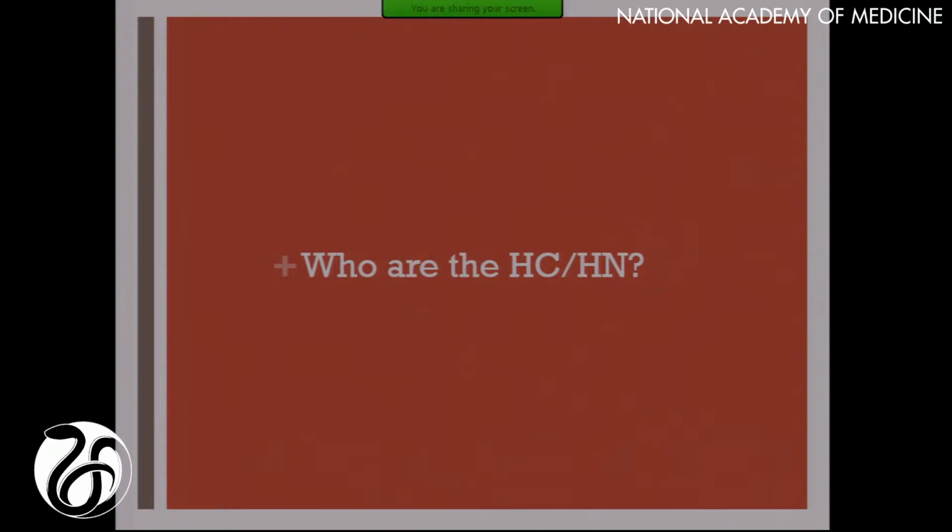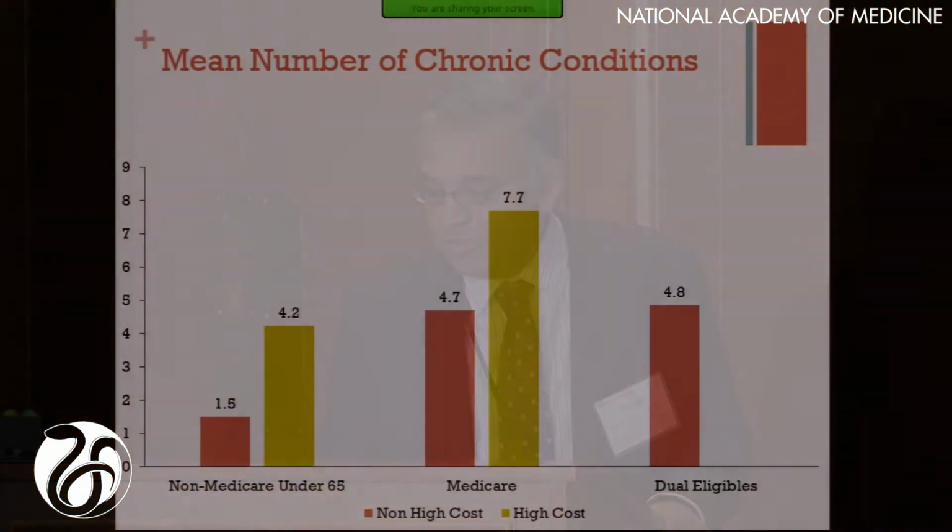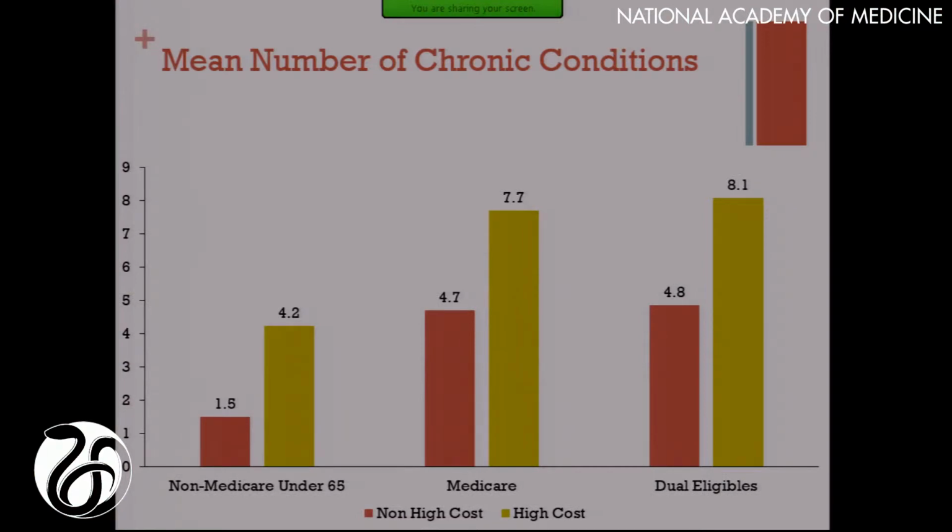The next couple of slides are things that we've already alluded to, and lots of people have telegraphed, so I'm going to go through them very quickly. The big picture: who are these patients? Again, this is unsurprising data. In the non-Medicare population, two points are worth noting.